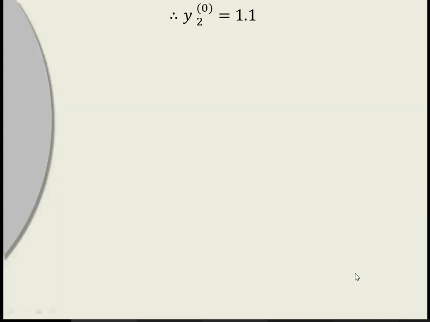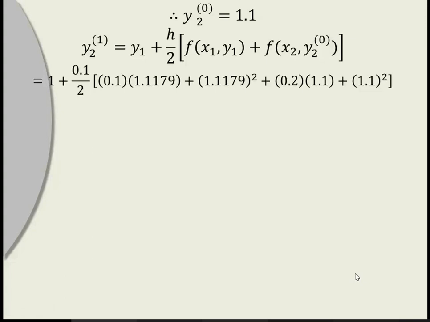Use the standard formula, do the substitution, and a simple calculation gives us the next iteration. So the first iteration of y2 will be y1, that is 1.1179, plus all that term. Put it into the inside terms and then simplify. We get the first iteration.